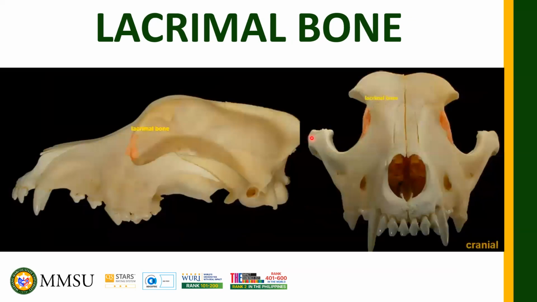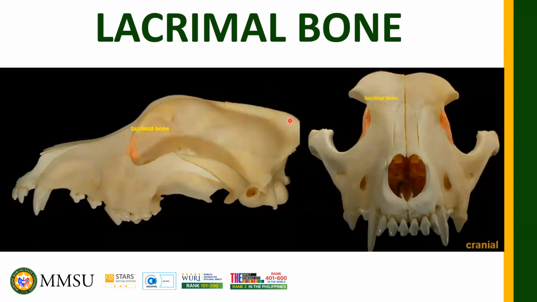Okay, then we have the lacrimal bone, which is just a paired bone then. Okay, we have the lacrimal bone located on sa medial or inner part of the orbit or the eye socket near the nasal bone natin. Okay, so ano ba the usual na contribution niya dito?